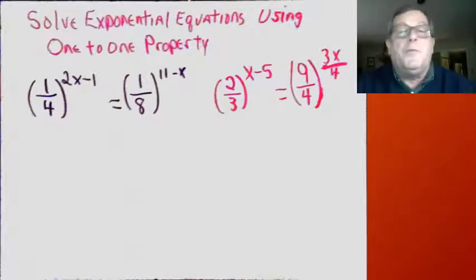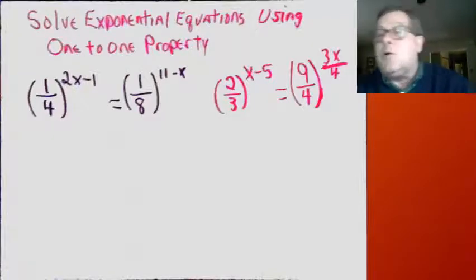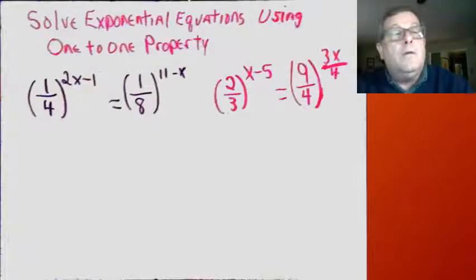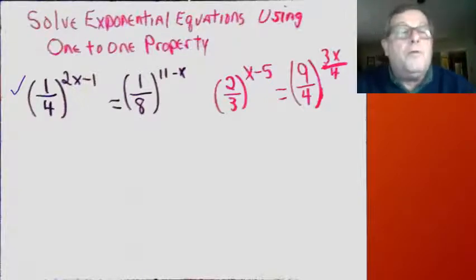Now let's look at a couple that might be just a little bit hairier. But we can still get these to the same base. That's our first goal. Again, we won't always be able to get them to the same base, but when we can, that's what we want to do. So let's start over here on this left side. I've got 1/4 raised to 2x minus 1 equals 1/8 raised to the 11 minus x.